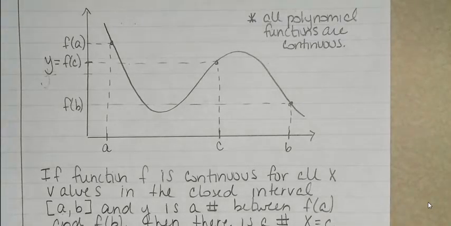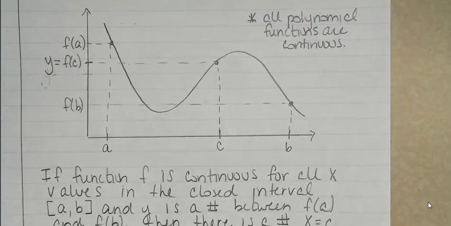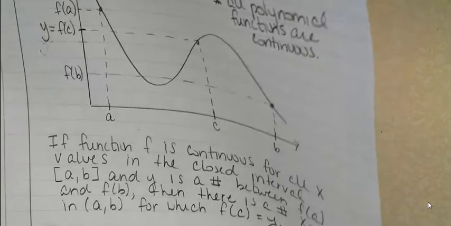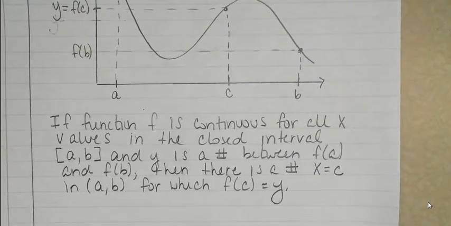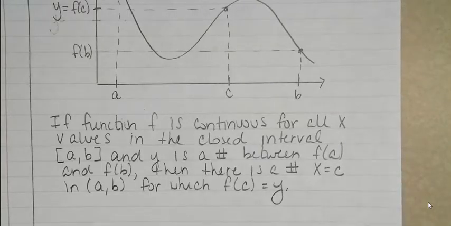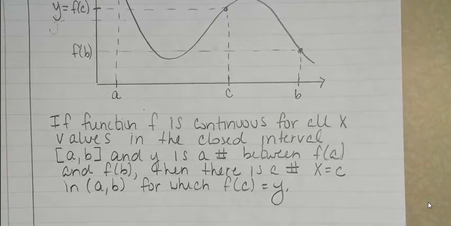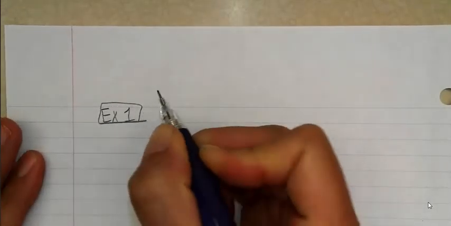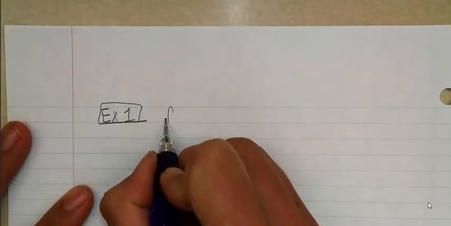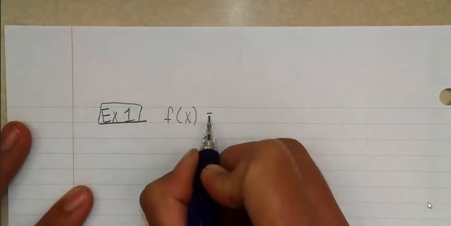Okay, and I'm going to do an example with you. I'm going to do it on the other side of the page because it looks like it's going to take up a little bit of room. So example 1, we are given a function. It's a polynomial function.